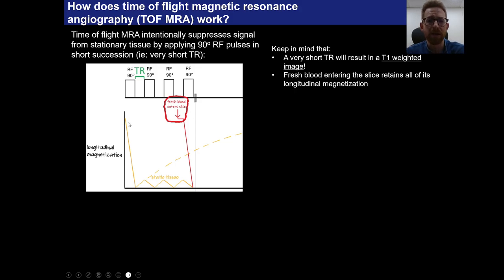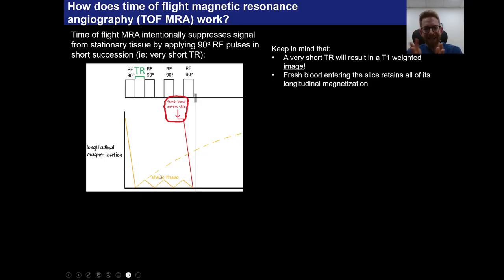Compare that with the stationary tissues. They're going to start with all of their longitudinal magnetization, but then that gets flipped into the transverse plane, so we lose it. It then starts to recover with a time constant of what? T1. But it doesn't have that much time to recover longitudinal magnetization. And so the next 90-degree pulse comes in and it just knocks it down again.